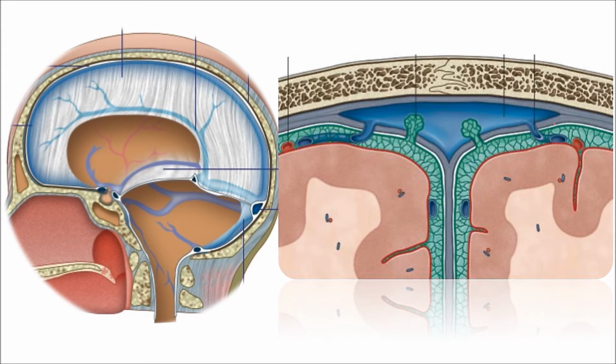These areas, when they separate from each other, they will engulf what is called a sinus filled with venous blood.